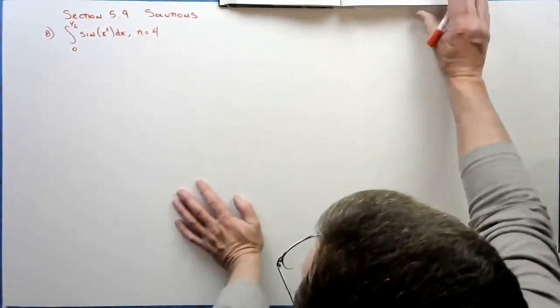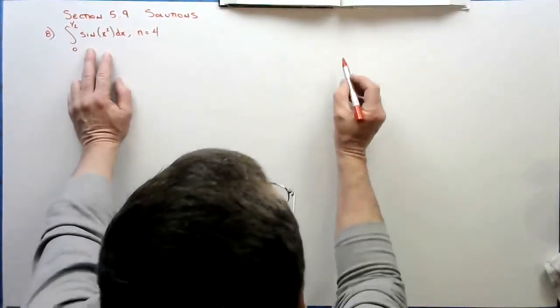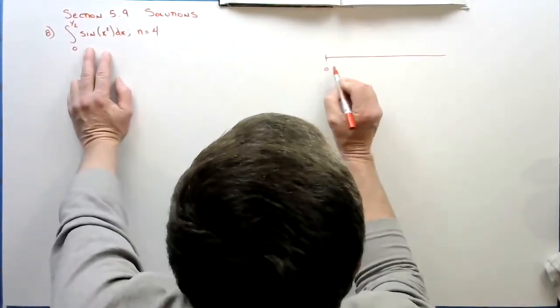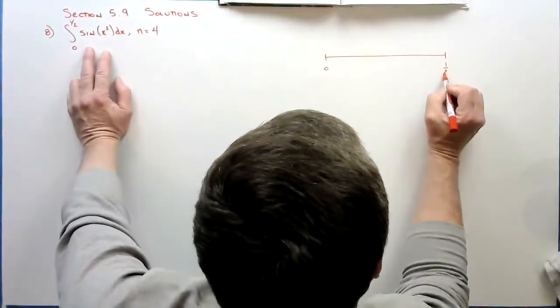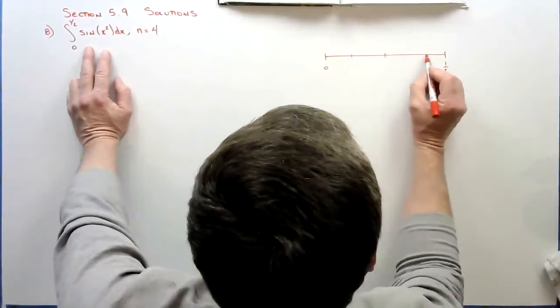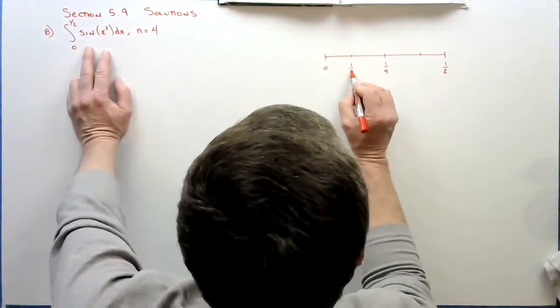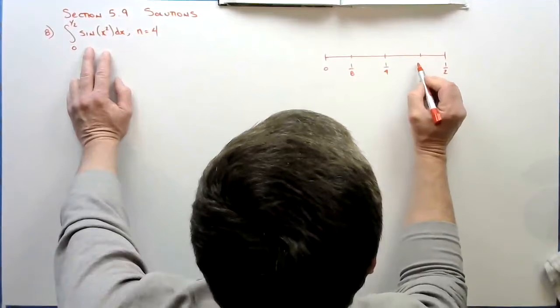So this is our interval. I personally always like to lay out my interval. If I'm going to have 4 subintervals, I'm going to have 1/8.